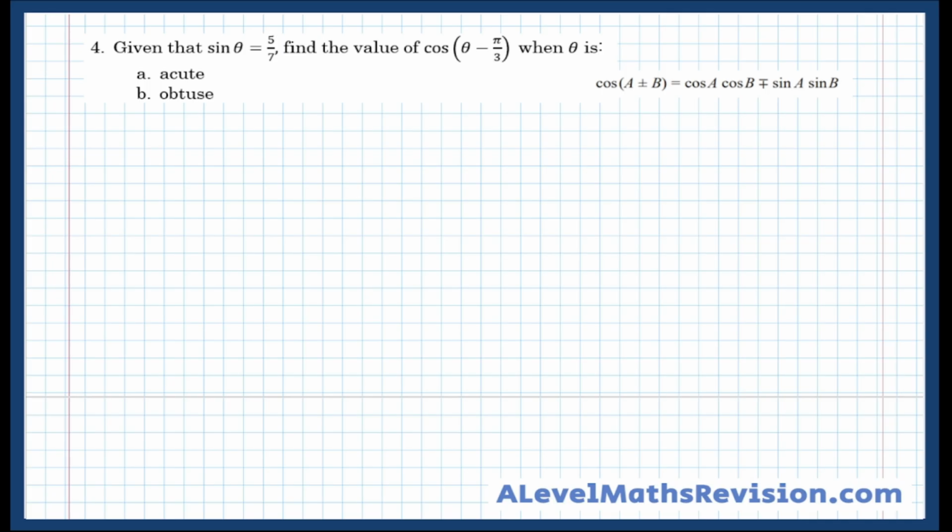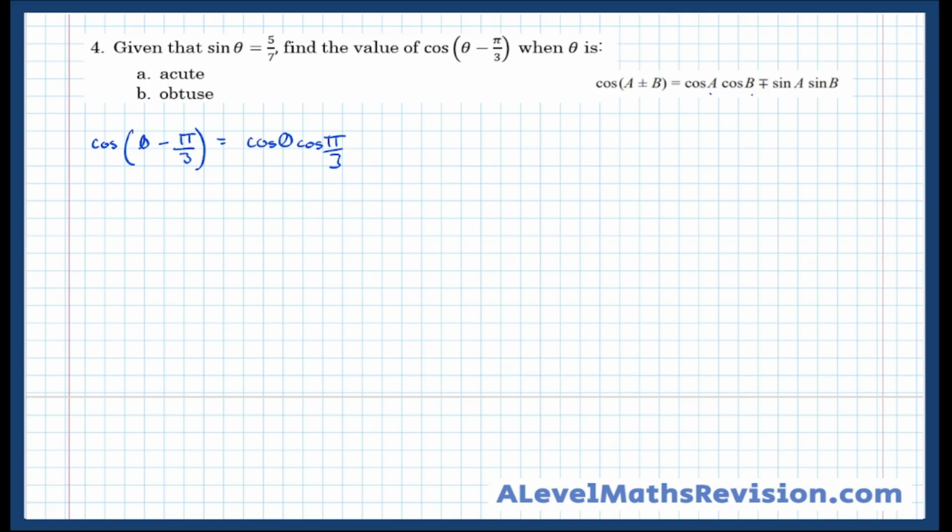So we can see that cos of theta minus pi over 3 is equal to cos theta cos pi over 3, and it was a minus, a takeaway, so we're going to use the plus here.